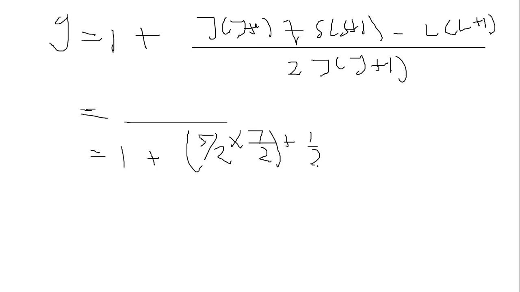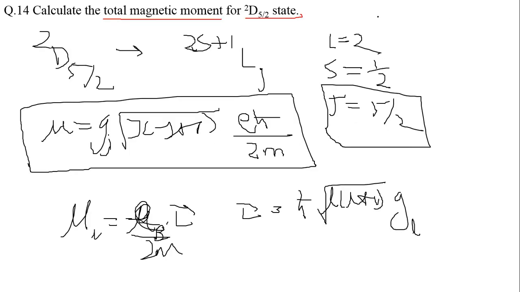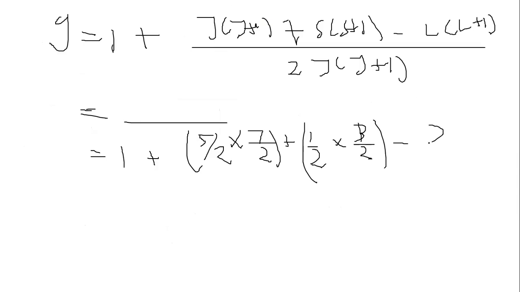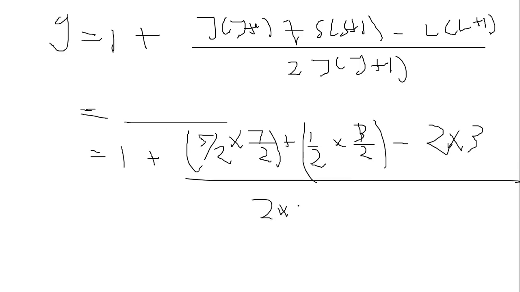S is half and S plus 1 is half plus 1, which is 3 by 2. So 1 by 2 into 3 by 2, minus L into L plus 1. L is 2, so it is 2 into 3, divided by 2 into 5 by 2 into 7 by 2.